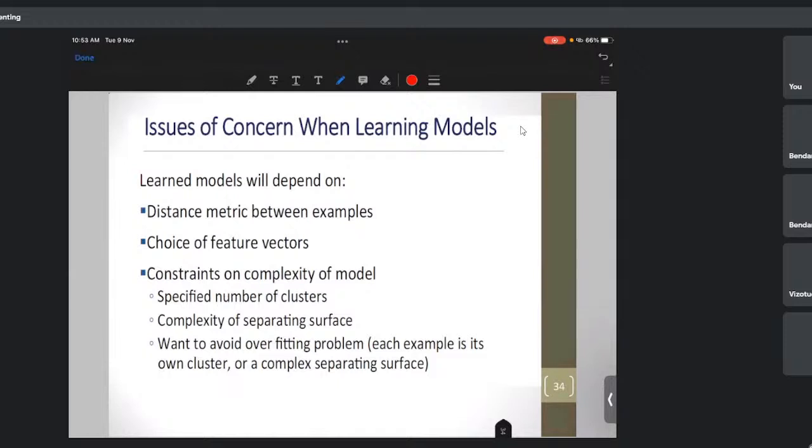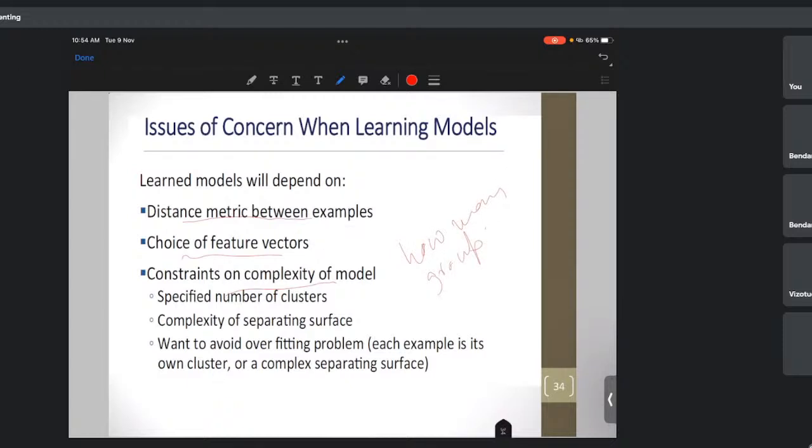When we cluster data points, the distance metric between the data points is very important. The choice of the feature vector is also important, and there is some complexity in the model, like how many groups are actually there?